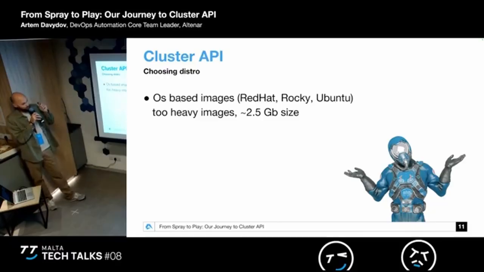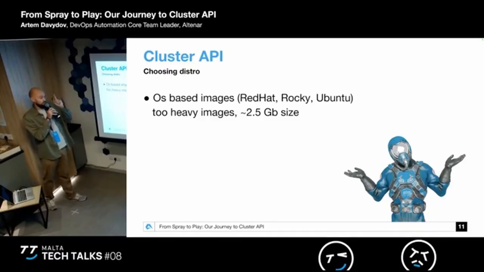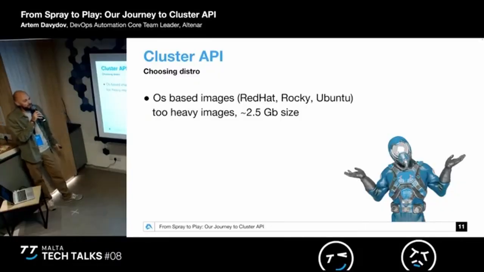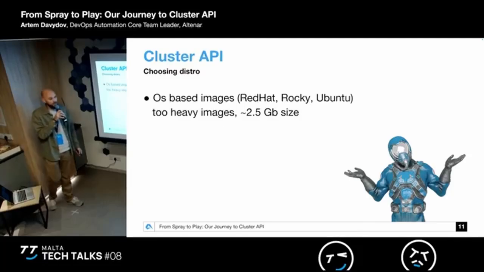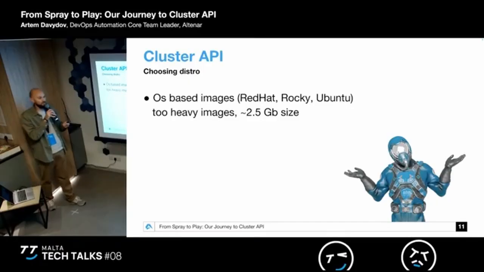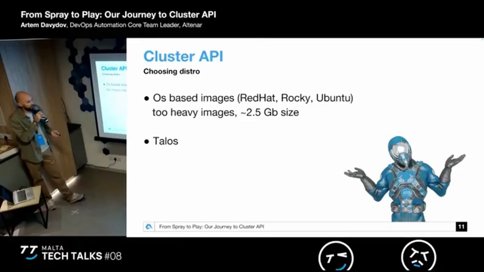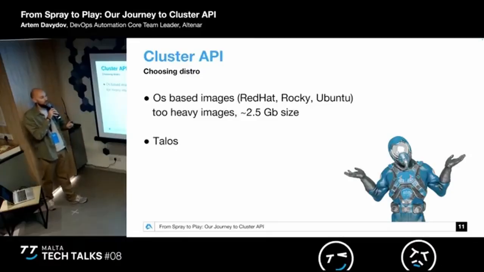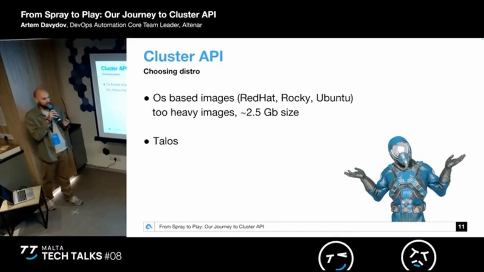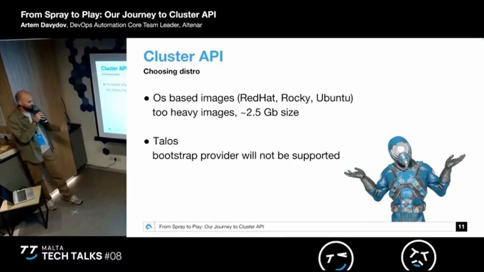Approximately one image of Ubuntu or Rocky is about 2.5 gigabytes, and when you create a cluster, when the infrastructure provider starts to clone the template from this OS-based image, it took approximately 10 minutes for only one node. It's too long for us.